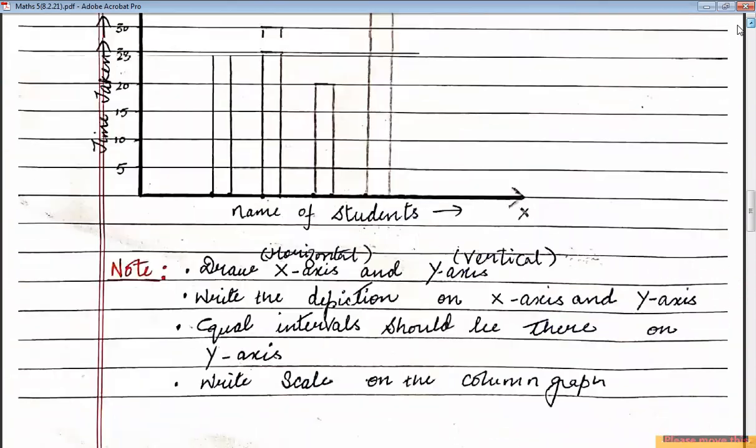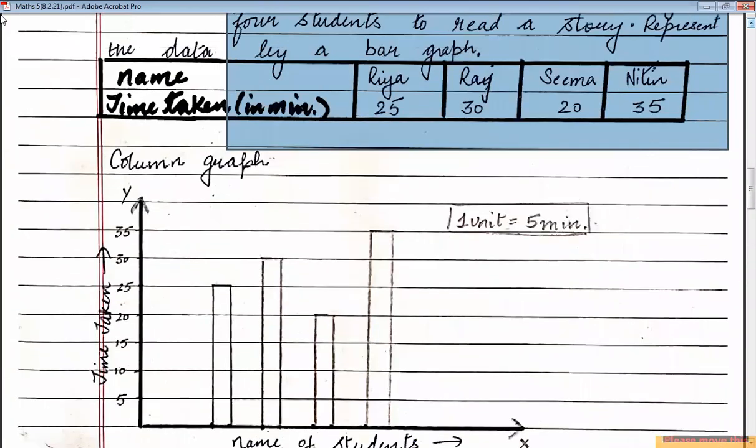Now children, in a column graph, it's very important that first you make an x-axis. This horizontal line is your x-axis, and this vertical line is called the y-axis. Okay, now before doing anything, you have to make this x-axis and y-axis.